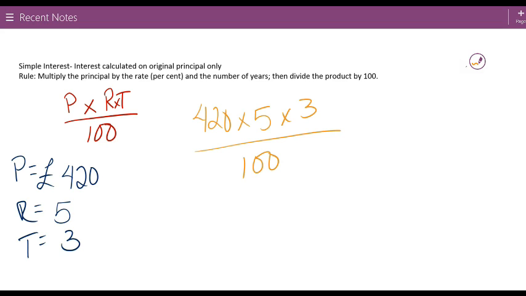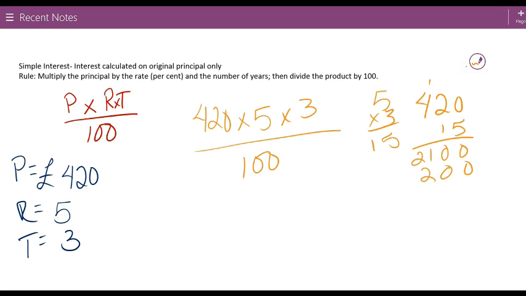I only want to multiply by 420 once, so I'm going to do 5 times 3, which gives me 15. 420 times 15 gives me 6,300. And then we're going to divide that by 100.